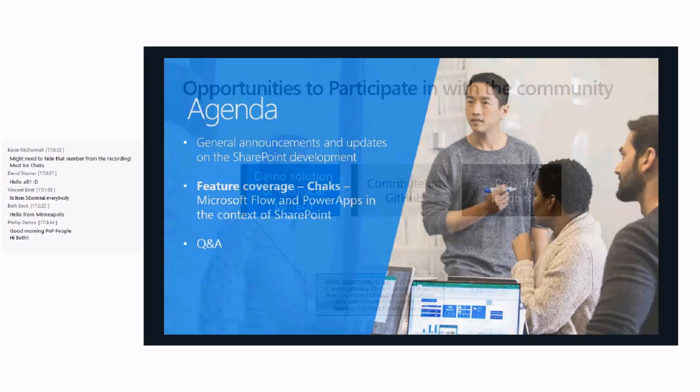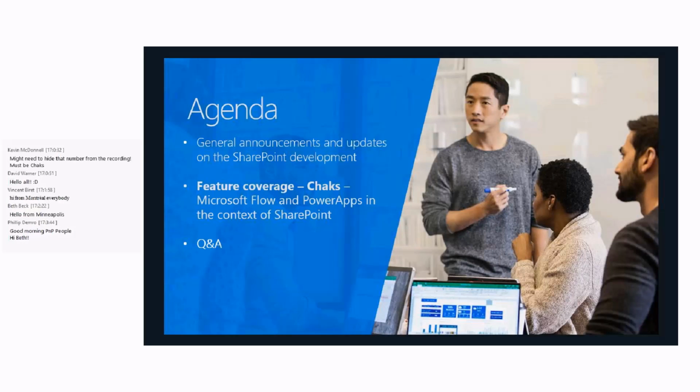Moving on. Today I have a few slides and general announcements, and let's have a look at the roadmap update on the things announced at Build. We can't really talk about what's going to happen next week in Las Vegas, so we're going to announce additional stuff there as well. Then we'll leave the stage for Jax to go through Microsoft Flow and Power Apps in the context of SharePoint.